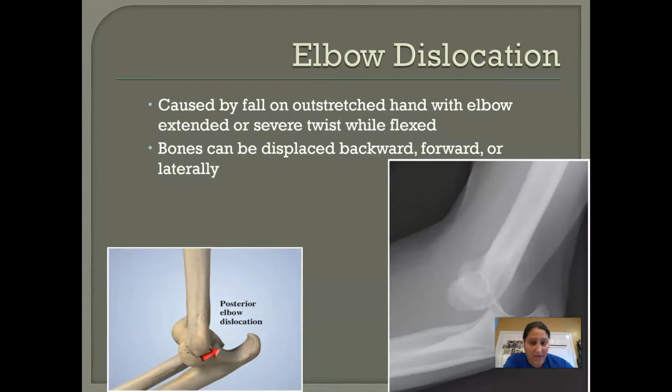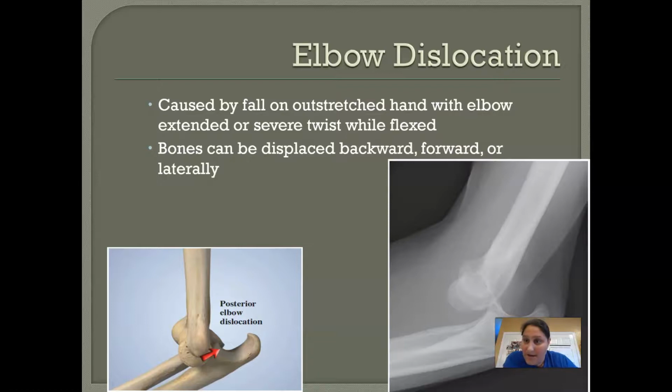Elbow dislocations, okay, usually going to be because they've fallen on an outstretched arm, and it's pretty much a guarantee. Every time I've worked a wrestling tournament, we've always had an elbow dislocation of some sort, if not multiple.